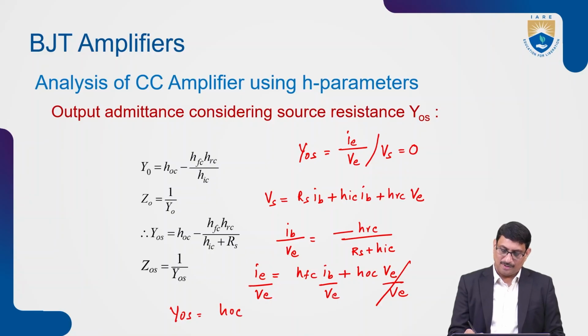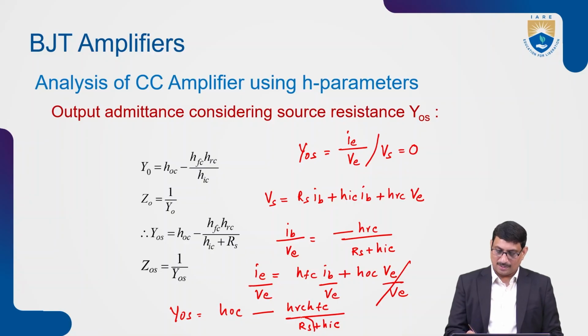If I substitute the IB by VE value, which I calculated from the above equation, I get minus HRC, HFC divided by RS plus HIC. Here, by taking source resistance into consideration, in the denominator the RS is also added to this HIC.